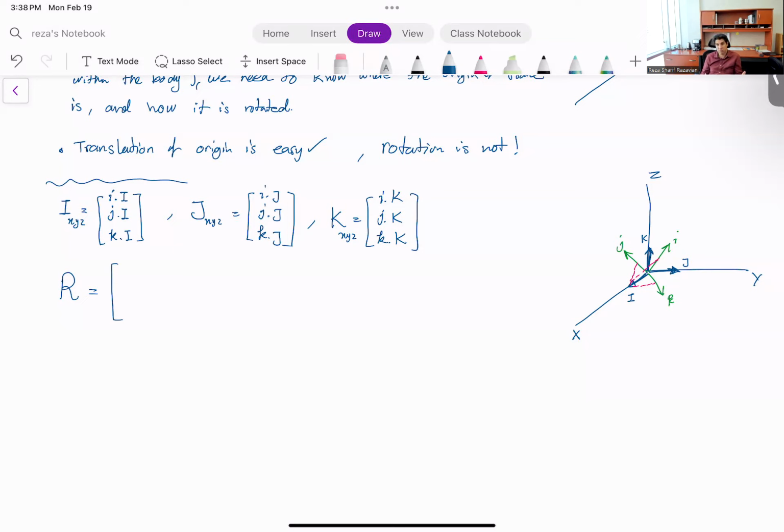It's rotation, so R. And I'm going to just put these three column vectors next to each other: I dot big I, I dot big J, I dot big K, J dot I, J dot big J, J dot big K, K dot I, K dot J, K dot big K. And this is what we call a rotation matrix.